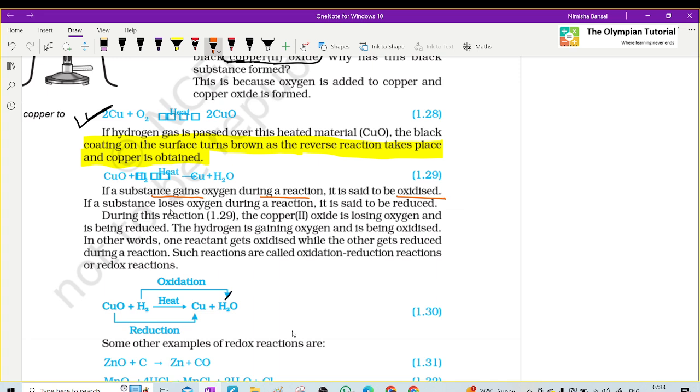And if it loses oxygen, then it is said to be reduced. Write this down.